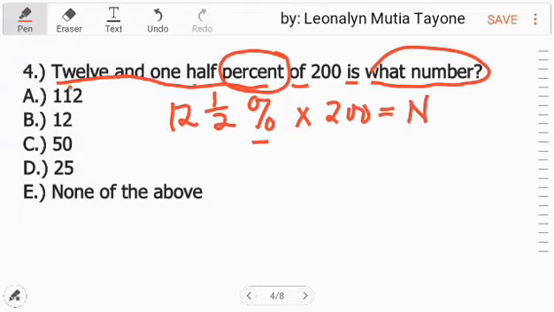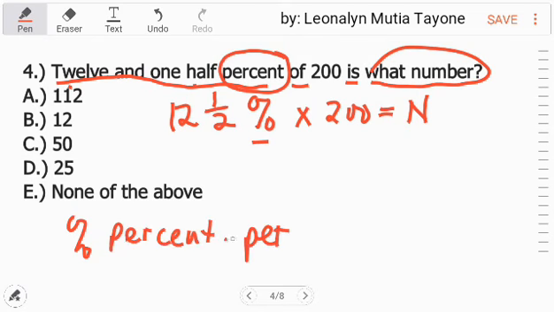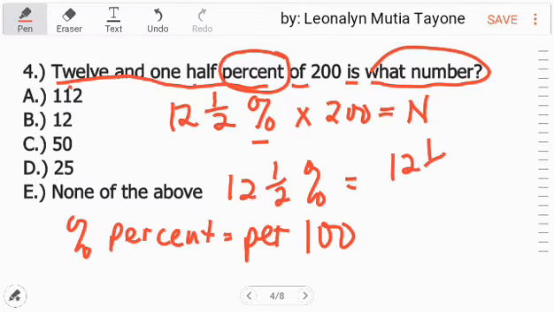Kapag sinabing percent, ang ibig sabihin ng percent ay per 100. So, kung 12 and 1/2%, that is 12 and 1/2 over 100.